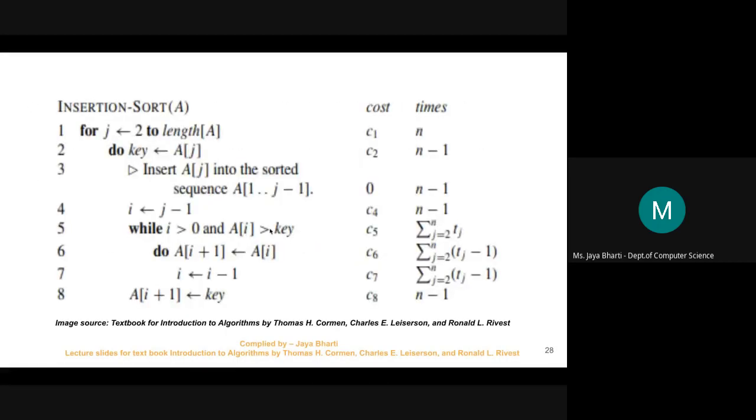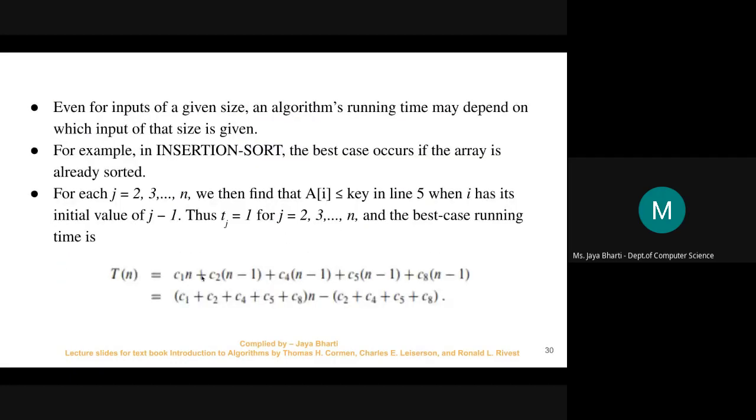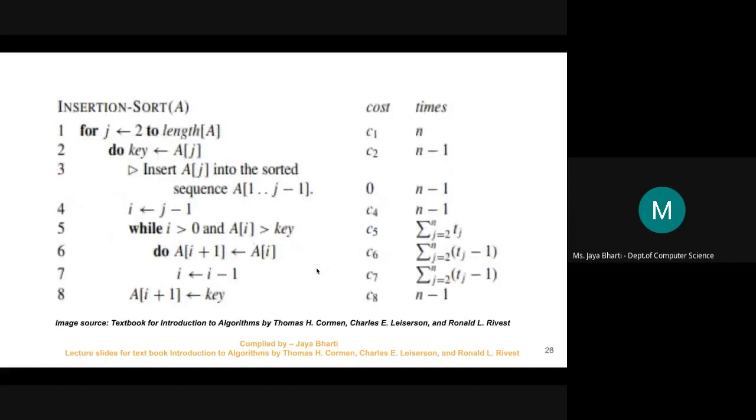Every time this step is running only one time, so it will be written like this: c1 n, c2 (n minus 1), c4 (n minus 1). Because t_j is 1, these two steps will be zero only.